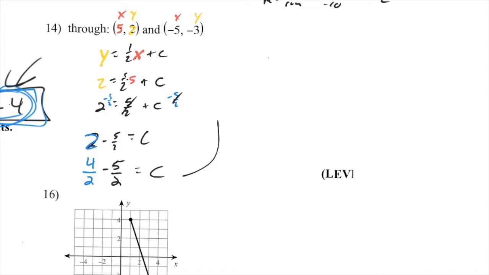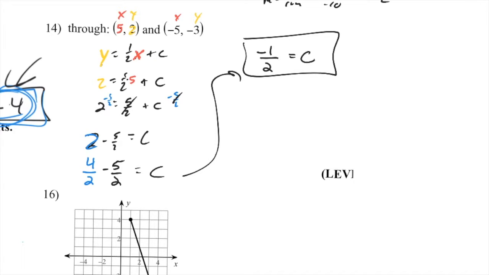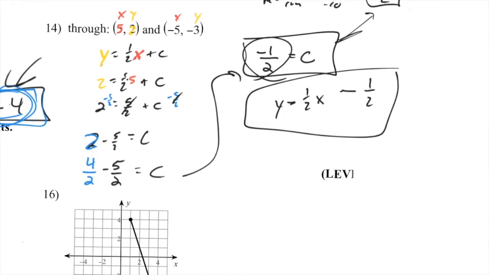And we can solve from there and say, well, 4 halves minus 5/2 is -1/2, which is c. So now I have slope and I have intercept. So you can say y equals 1/2 x plus c. Whew, done. All right.